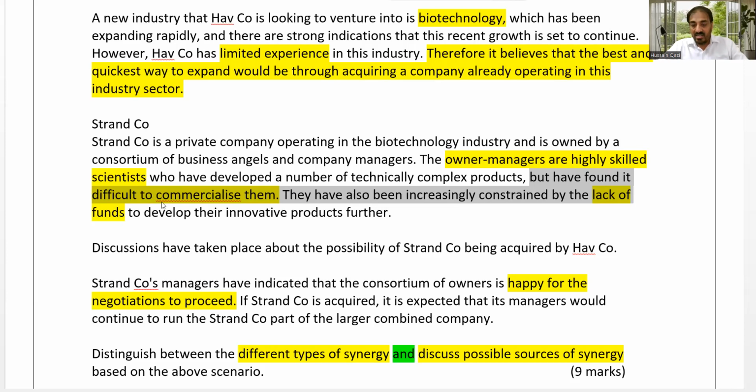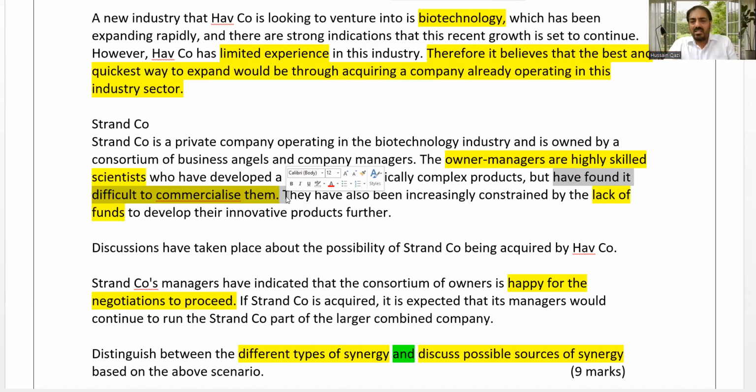And this highlighted point is a clear indication: they found it difficult to commercialize. Right now, Strand's management has the ability for research, development and innovative product development, but not to commercialize them. So revenue synergy can be generated from there.